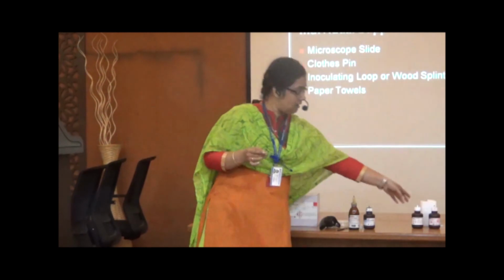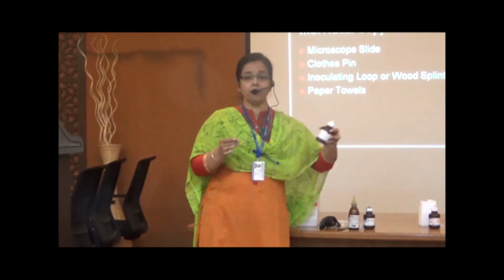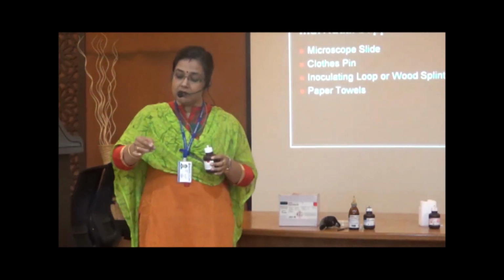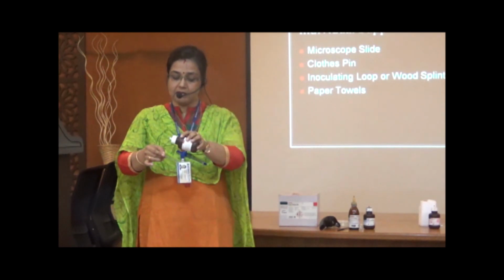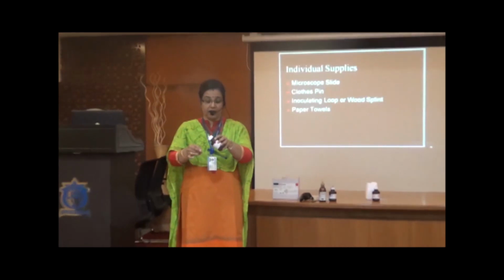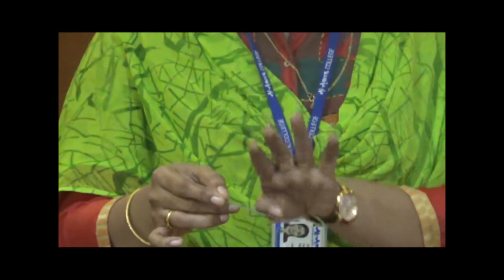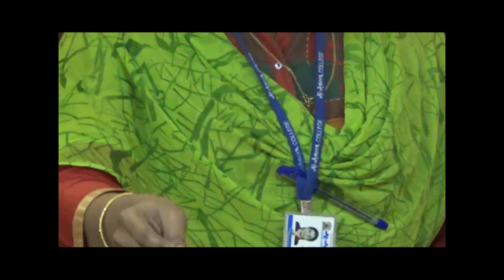Then add the decolorizer, gram's decolorizer. We can tilt the slide slightly and add the decolorizer continuously. After removing all the violet color from the slide, we wash the slide under tap water.